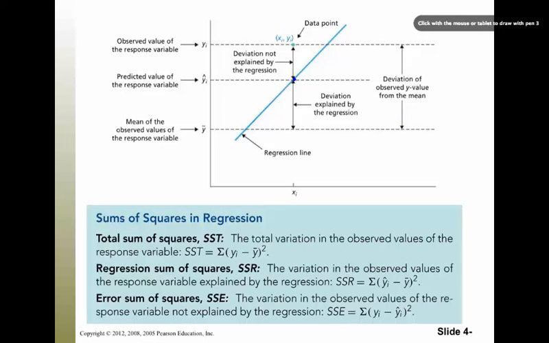But the distance that the regression line is away from the mean is a reflection of the regression, or reflection of the predictor determining what the response variable should be. But the smaller this gets, the more that we see that, hey, look, the mean is just predicting what the outcome variables y are. But the farther this gets away, the more that the regression or the predictor variable is predicting what y is.